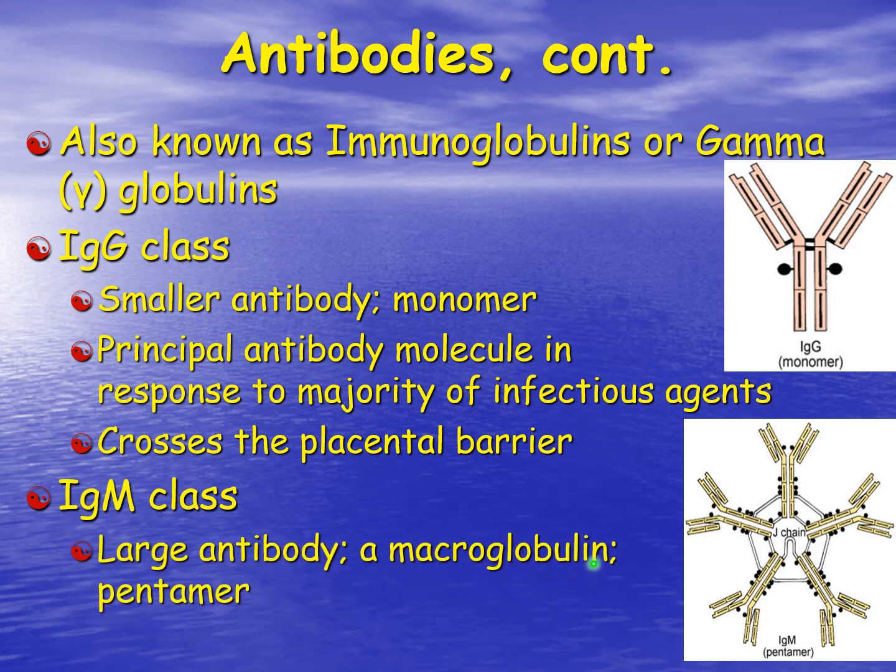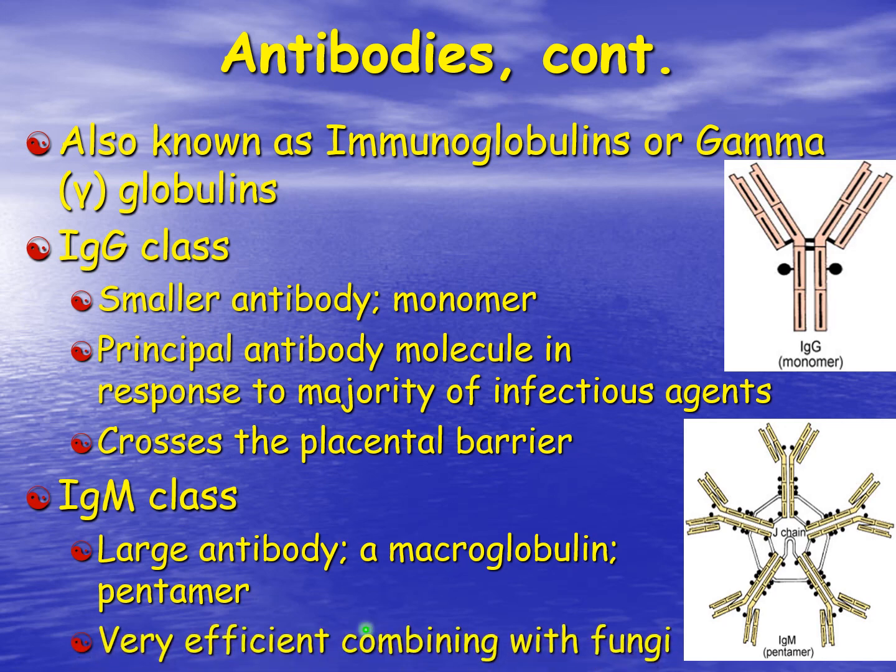It's a macromolecule, a pentamer, and it will always be the first antibody class that is produced in an antibody response. So in that primary response, the first class we'll see is IgM, but they are rapidly used up because they have so many areas to bind up antigen.